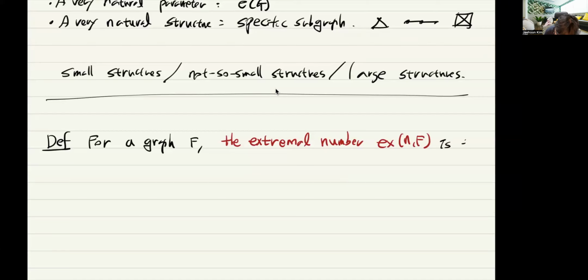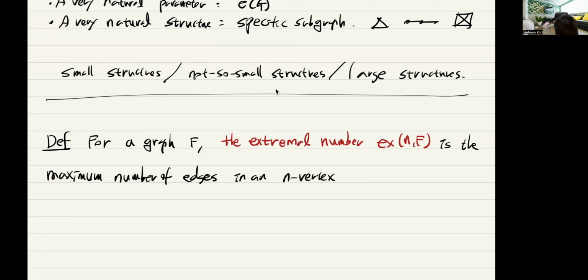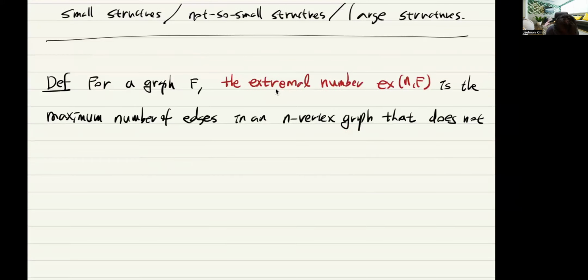This is the maximum number of edges in an n vertex graph that does not contain F as a subgraph.